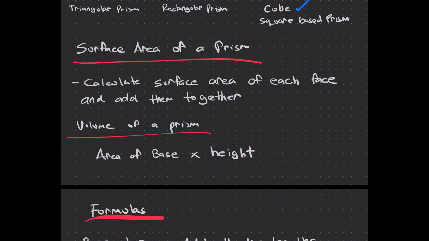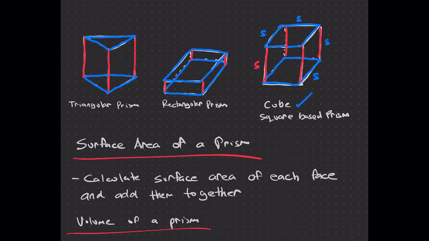Okay, so how do we calculate the surface area? Well, what is surface area? Surface area is everything that you can touch. So I can touch this side right here, I can touch the base down here, I can touch the top right here, I can touch the back of this object, and I can touch this side right here.